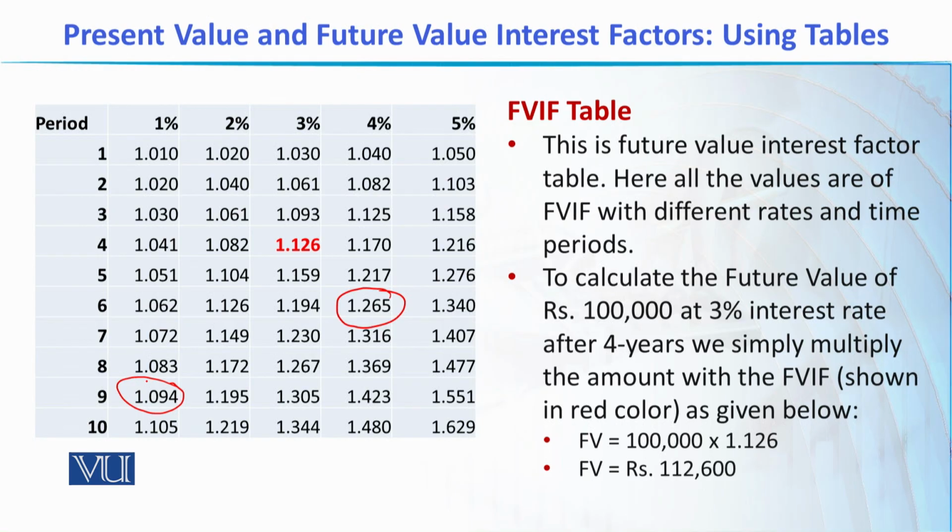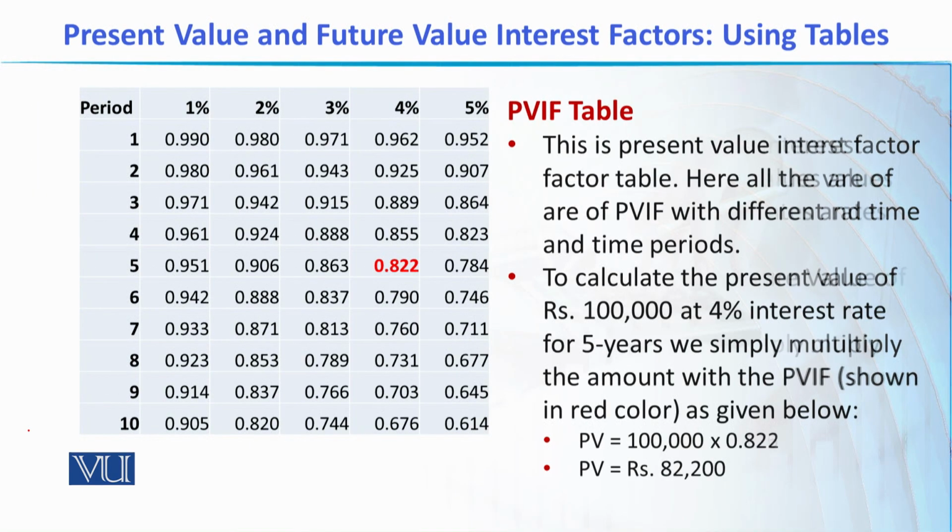Let's move forward and have a look at the present value interest factor table. Present value interest factor table is very similar to the future value interest factor table in terms of the rates of interest given and the time periods. If we have a look at this table, we see that there are interest rates from 1, 2, 3, 4% onwards, and we can extend it to any number.